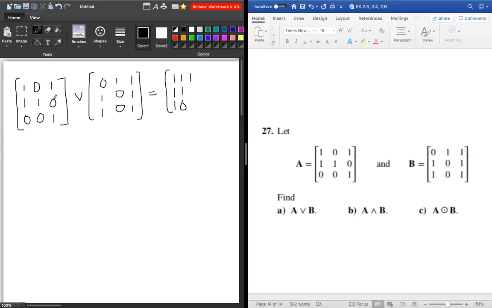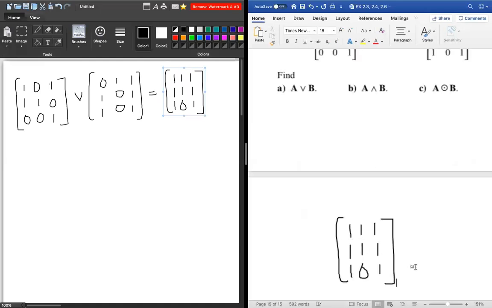Then this 0 and this 1 is 1, and this 1 and this 1 is 1. So this is the result for part A.